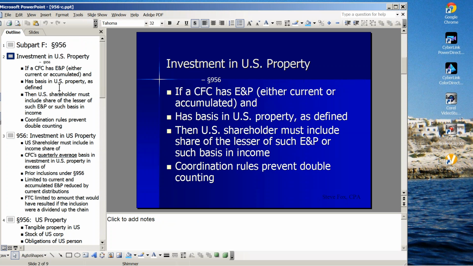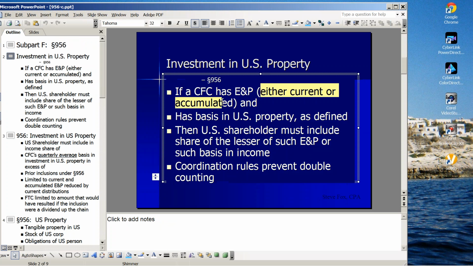If CFC has earnings and profits, in fact, before I do the recap, I want to revisit this. This is something from Corporate Tax 1, your first corporate tax course. A distribution by a corporation is considered a dividend to the extent the corporation has current or accumulated earnings and profits.